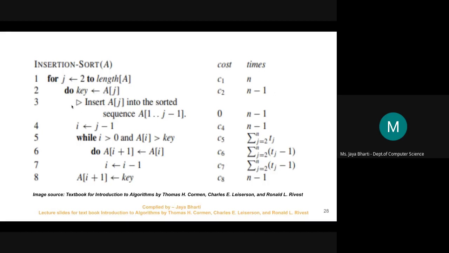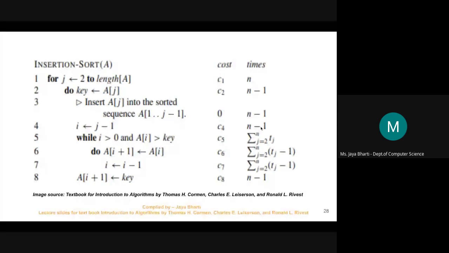This is the comment, so it will have 0 cost. This is the cost given for each step, because every step we run has a cost, and how many times each step is running. By calculating all this, we are going to compute the time complexity. Comments are non-executable, so they take no cost. Then this will also run n minus 1 times.